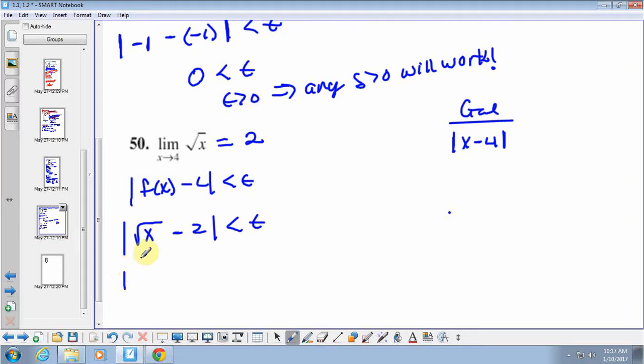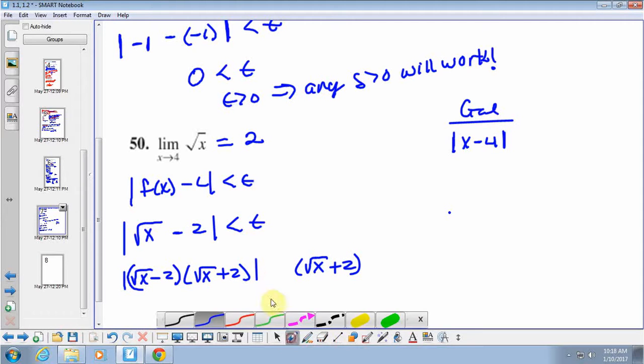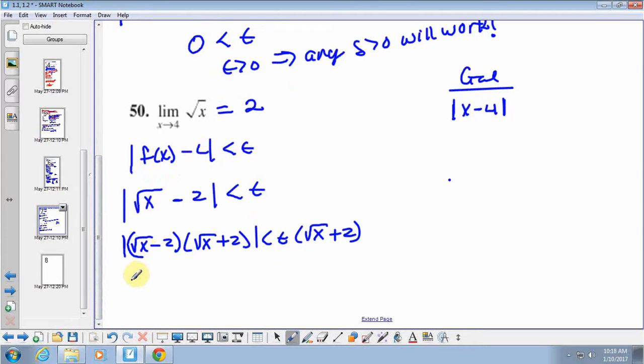Remember that what you do to one side, you must do to the other side. So when we do that conjugate, we have x minus 4, the inner and outer cancel, is less than epsilon times the absolute value of the square root of x plus 2.